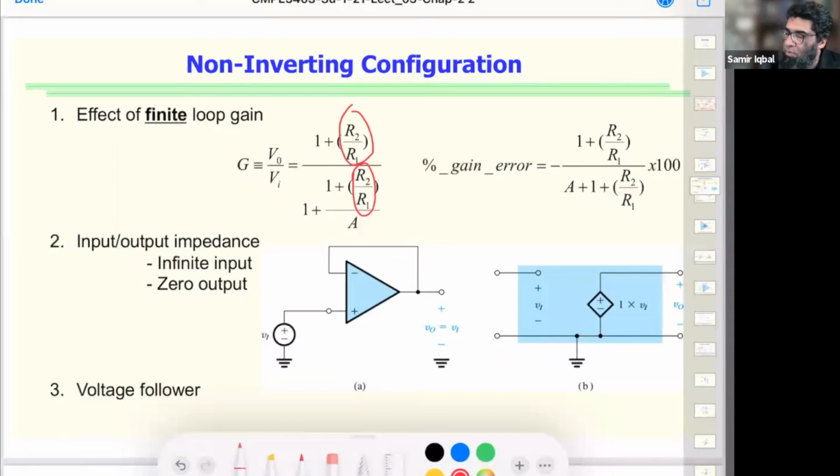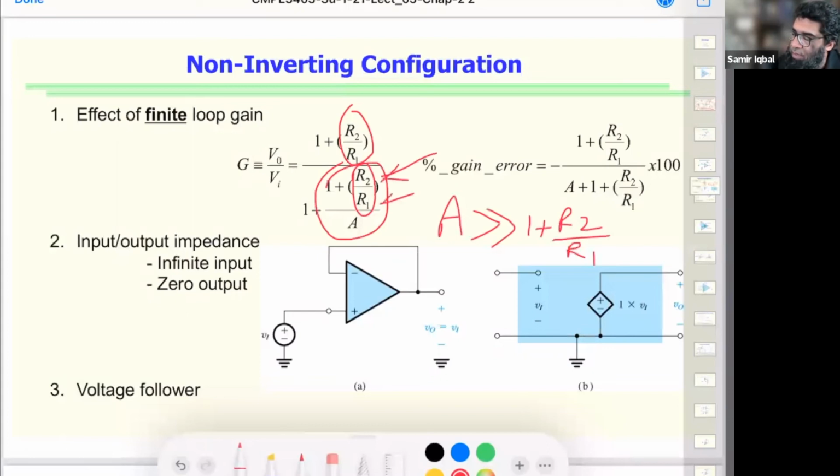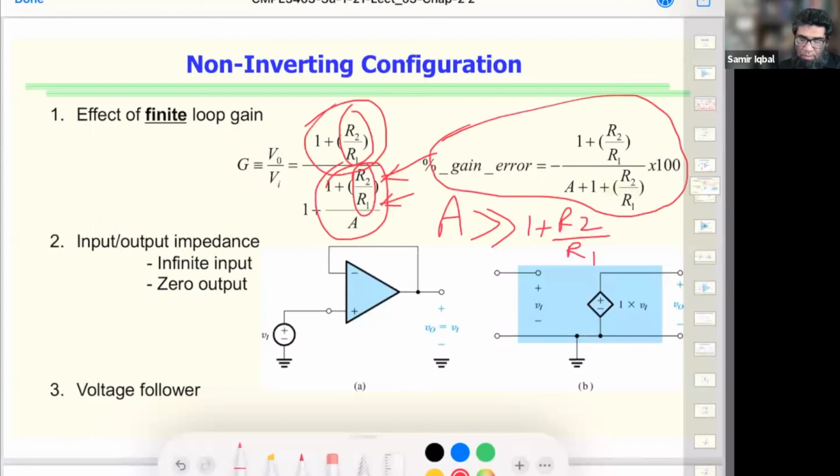So we have to have a restriction that A has to be much, much greater than 1 plus R2 over R1. So we have less dependence on the variations of resistances. And what we are left with is what we saw before, 1 plus R2 over R1. There's still error, measured by multiplying by 100, and that gives you the gain error because of the resistance tolerances.